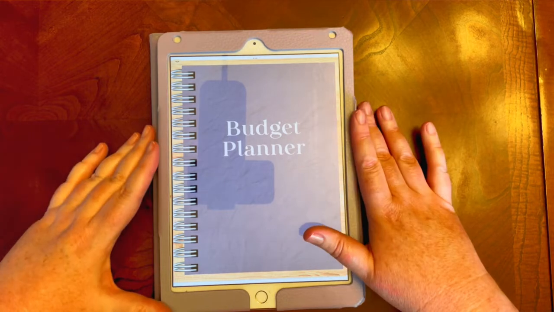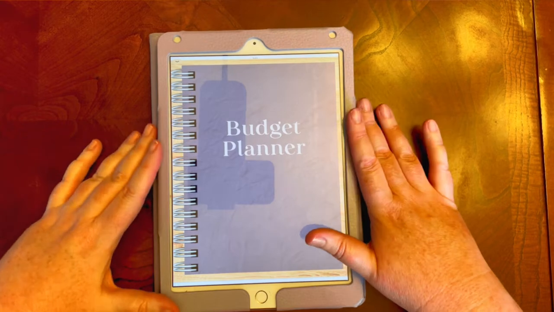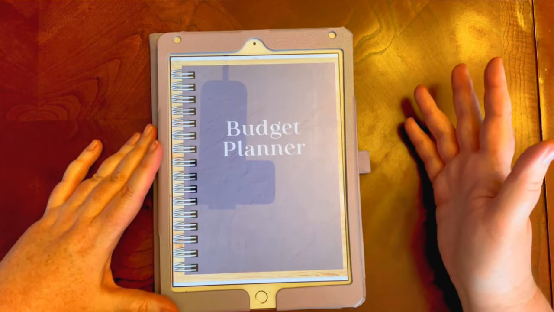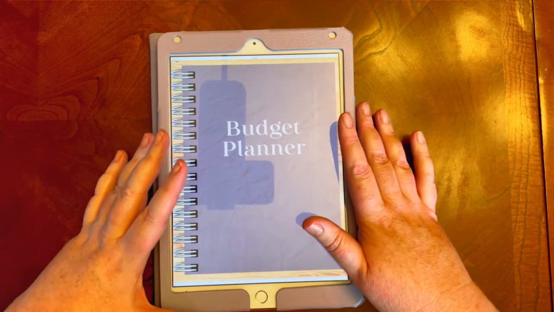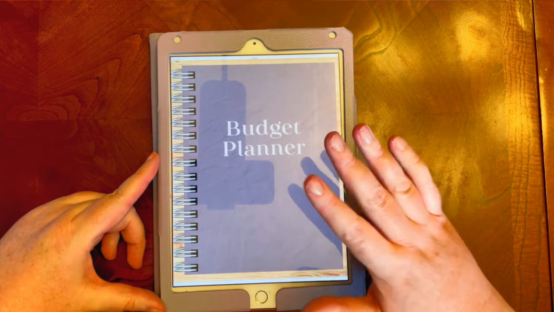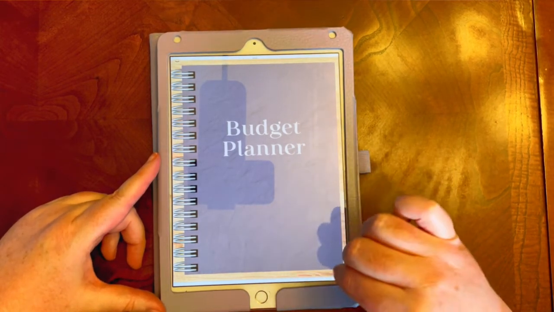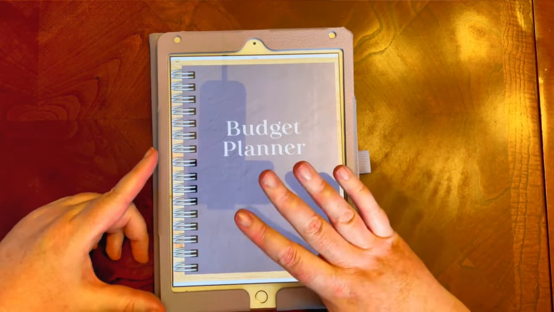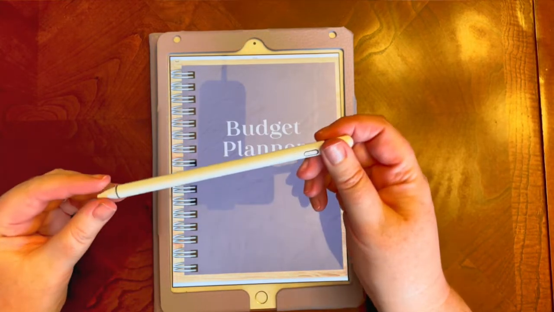To use a digital planner, you need a device of some kind. A tablet is typically best, although you can use your phone, but you typically do want a little bit more space. And just a heads up, if you are going to use a note-taking app and you're new to this, you want to get a screen protector for your device because you do want to use a stylus of some kind.